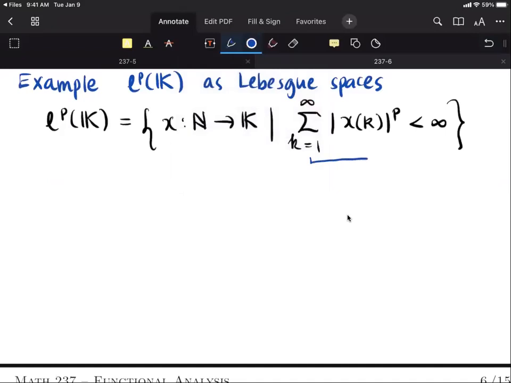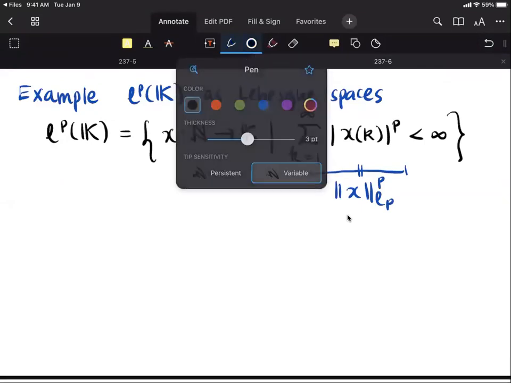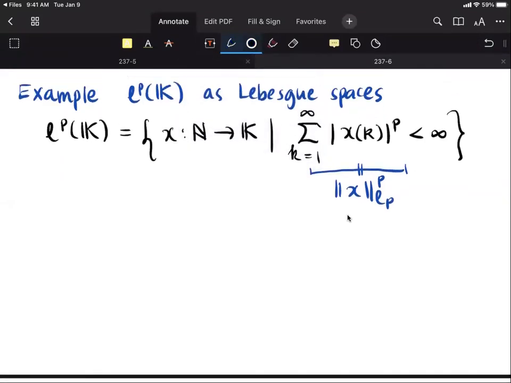And recall that this is the little l^p norm raised to p. So we would like to write this little l^p space as a Lebesgue space.